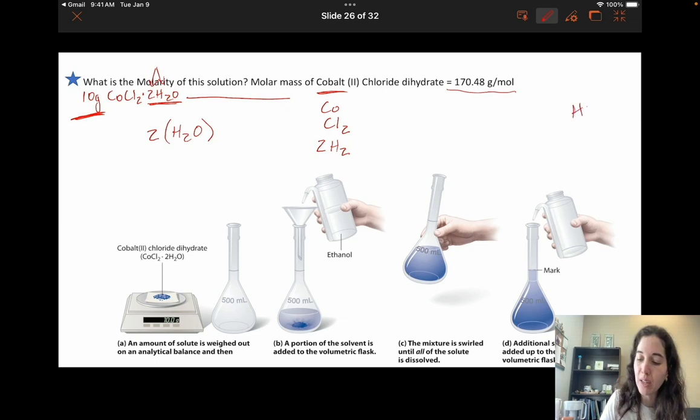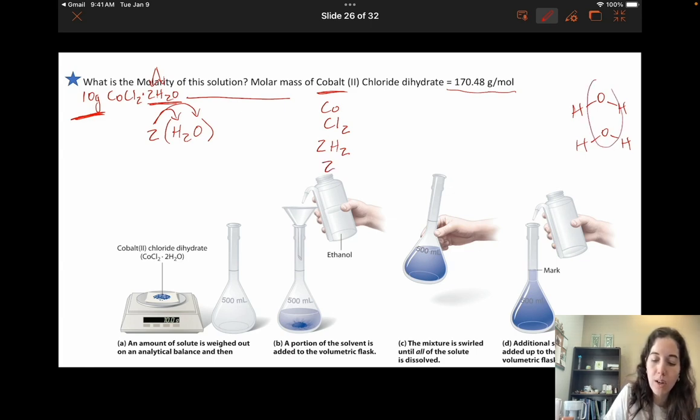So we have a hydrogen, oxygen, hydrogen, and we've got 2 of them. So in reality, because we have 2 of these molecules, we've got 4 hydrogens. This 2 is being distributed. And we see that with the oxygen as well. We're going to have 2 oxygens. So let's head to the periodic table and add up these masses. Go ahead and go to your periodic table and write down the masses of each of these, and we'll come back.